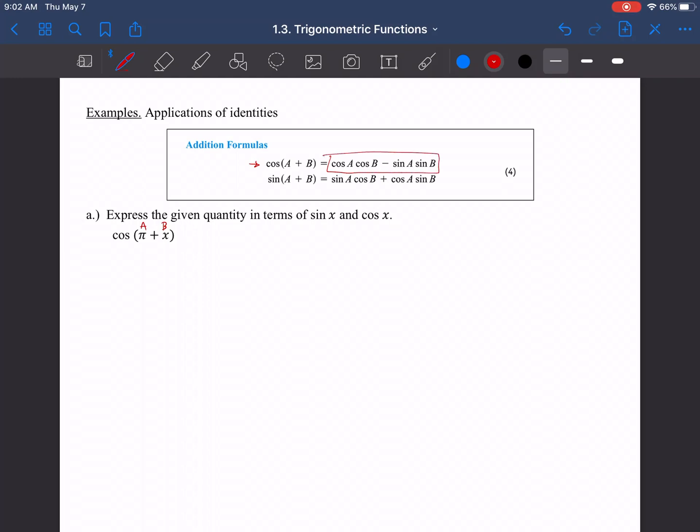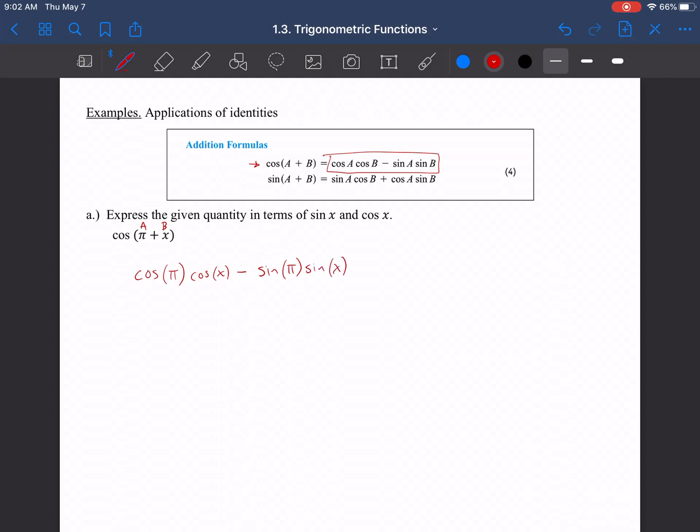And so we can write cosine of a, which is pi, times cosine of b, which is x, minus sine of a, which is pi, times sine of b, which is x. All right, and there you go.